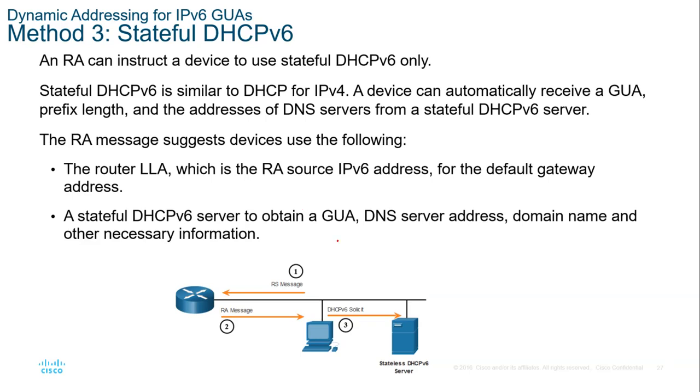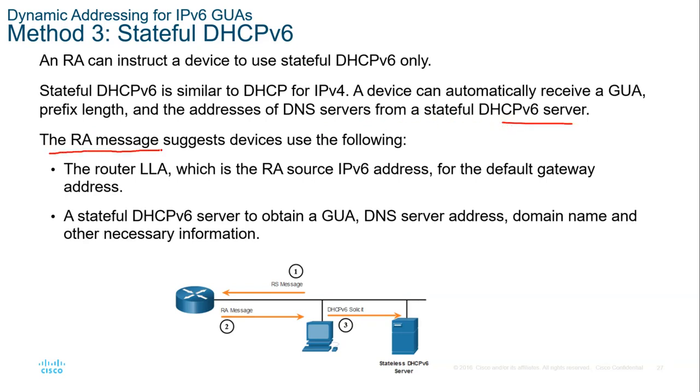Then method 3, we have stateful. Stateful is similar to DHCP for version 4. A device can automatically receive the global unicast address, prefix length, and address of the DNS server from the stateful DHCP server.